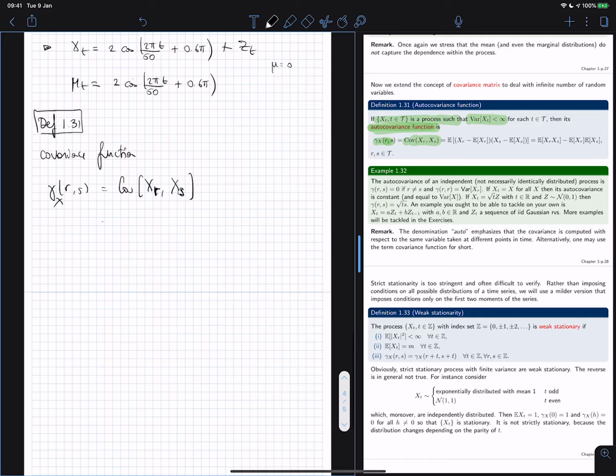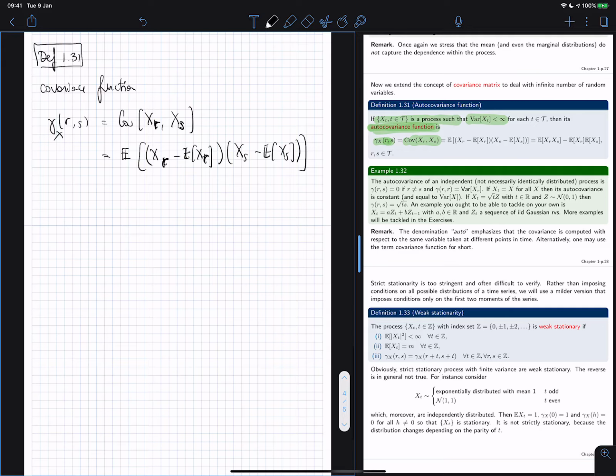I suppose you all know the definition of the covariance. The covariance is the expectation of X_r minus its mean, r not t, multiplied by X_s minus its mean, and this is equal to this.